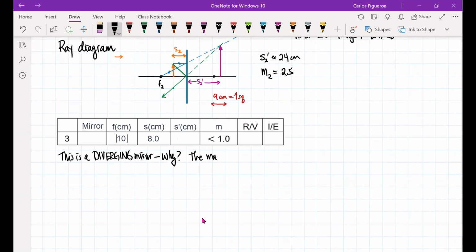The magnification is less than 1. If the magnification is less than 1, this can only be produced by a diverging mirror.